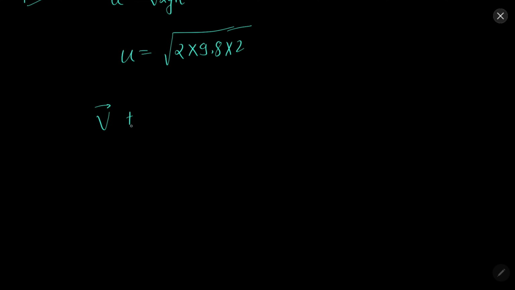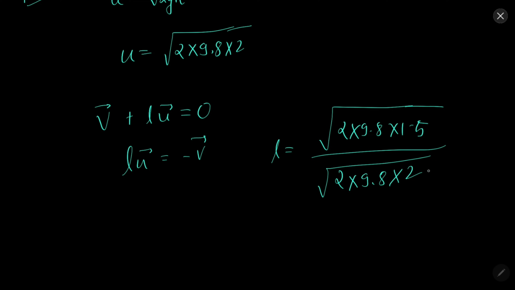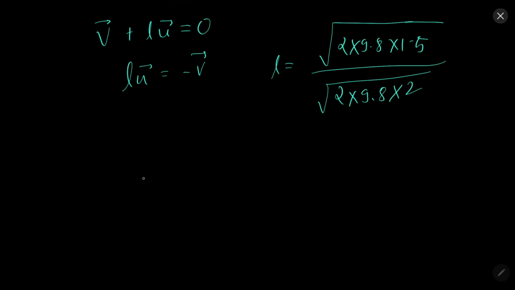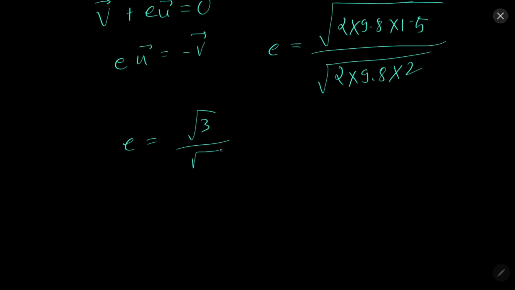So ultimately v plus eu equals 0, eu equals minus v, e equals root 2 into 9.8 into 1.5 over root 2 into 9.8 into 2. Let's call this properly e, not l. So e will be root 3 over root 4 or root 3 over 2.